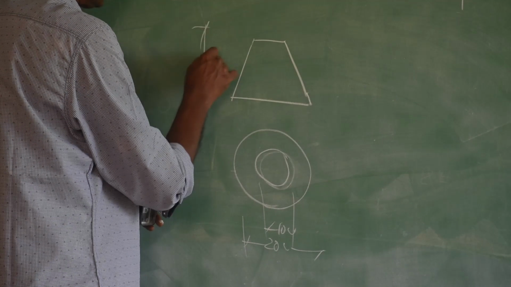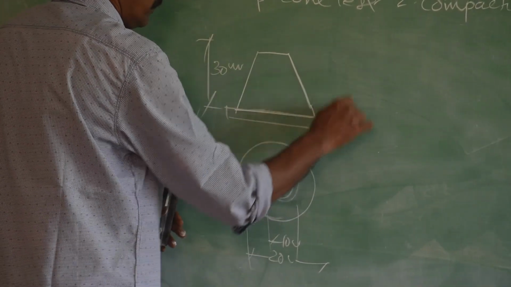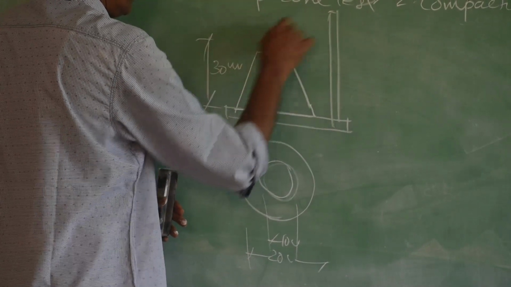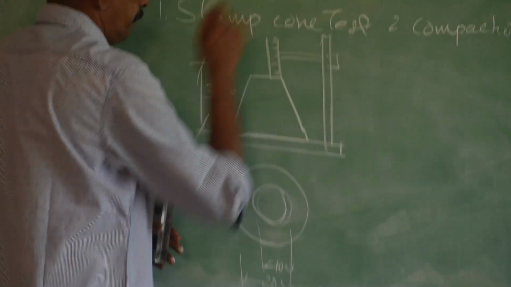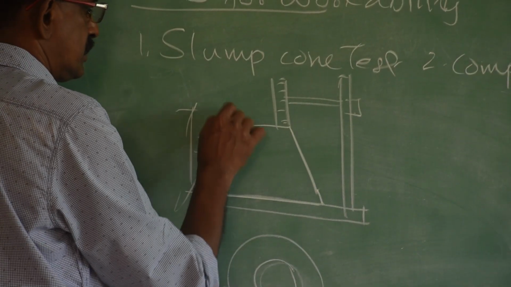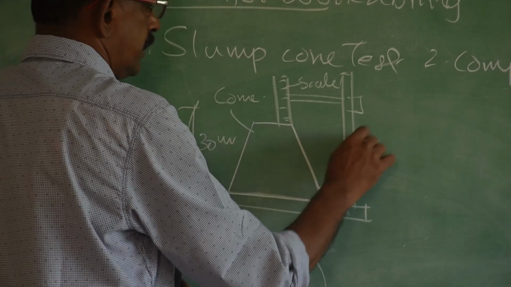The height of the cone is 30 centimeter, and it has a platform with a stand and a scale. This is a simple arrangement of the test apparatus. So, this is the cone, scale and stand.